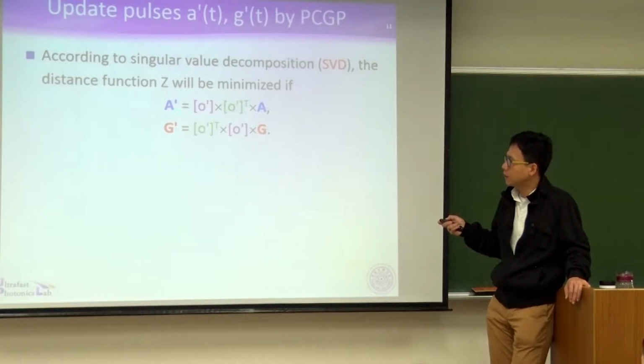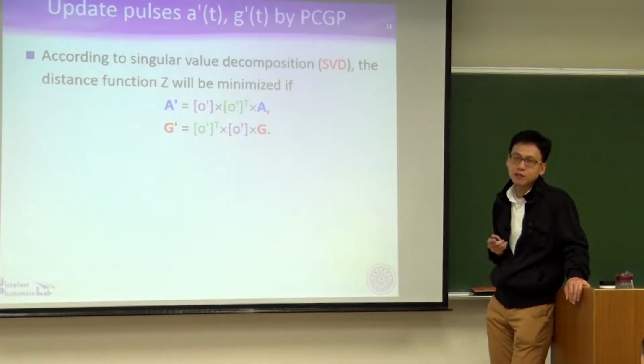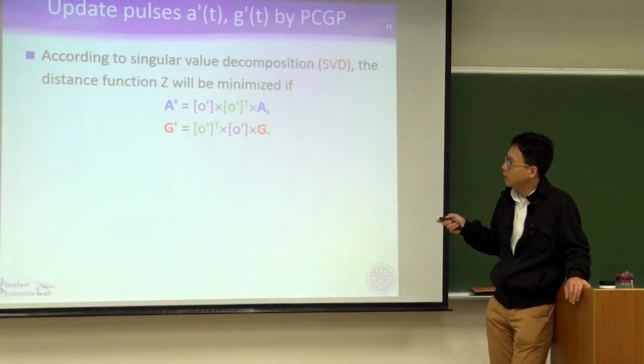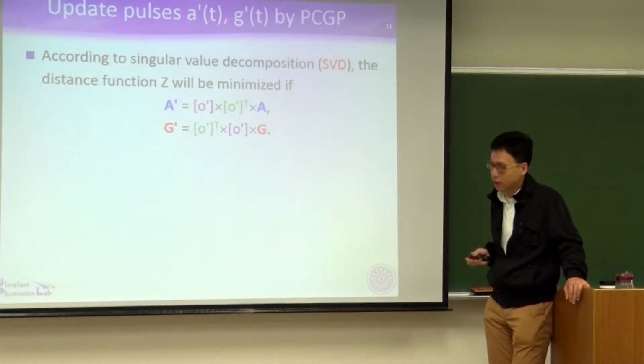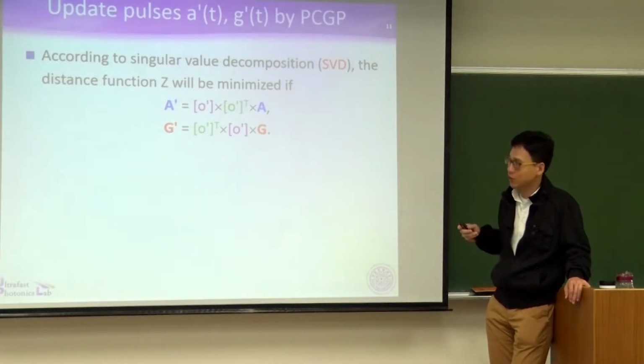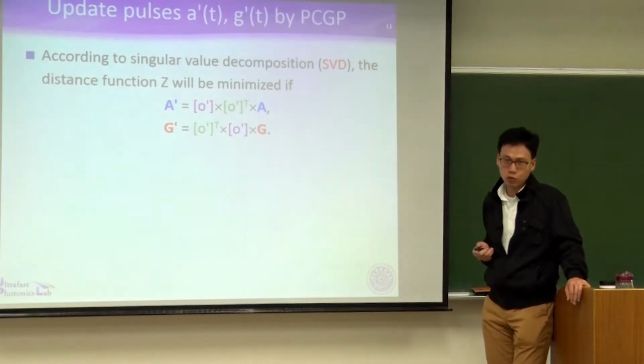You can update the signal field and the gate field with these two formulas. This matrix O prime comes from the end of the last page, right? And this is the original one. This is a new one.